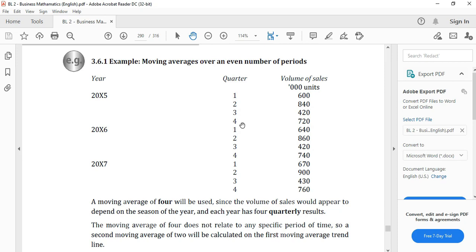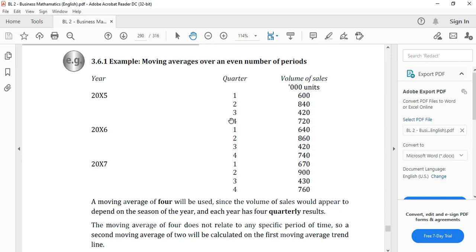If they don't tell us, we must know why we need an average. First of all, it is because there's a cycle that is repeating. In year 2005 we have quarter 1, 2, 3, 4. Year 2006 again we have 1, 2, 3, 4. There's a cycle that is getting repeated, so that cycle period you can consider for the moving average calculation.